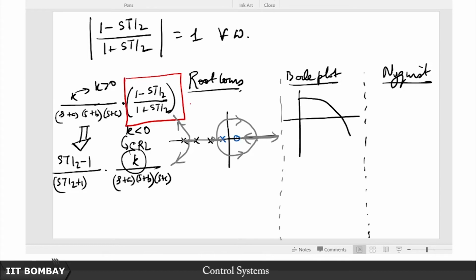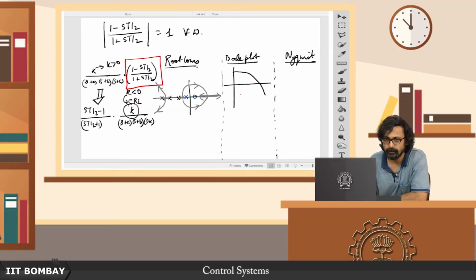Remember, non-minimum phase zeros team up with the poles: the action on the phase plot of a non-minimum phase zero is the same as the action of a pole in the LHP. So this will contribute an additional phase of minus 180 degrees as omega tends to infinity.